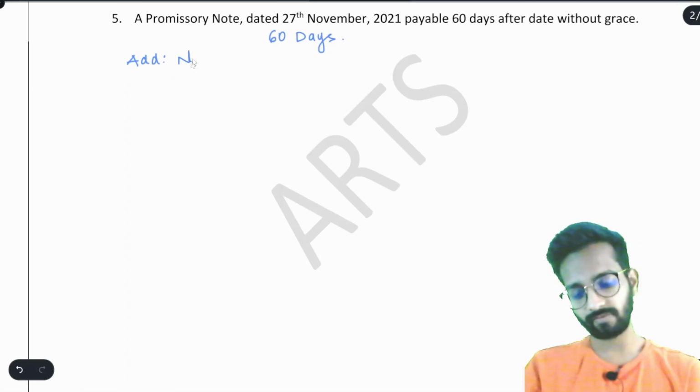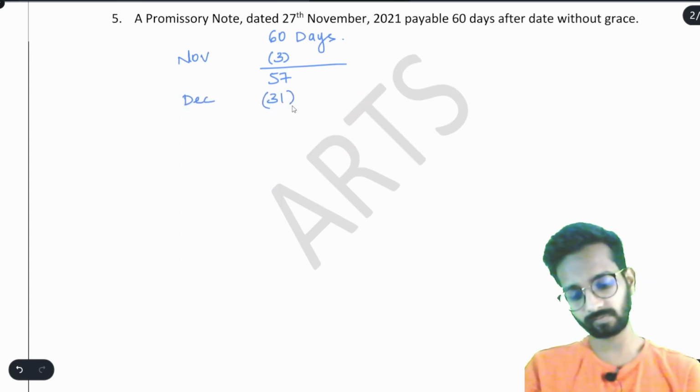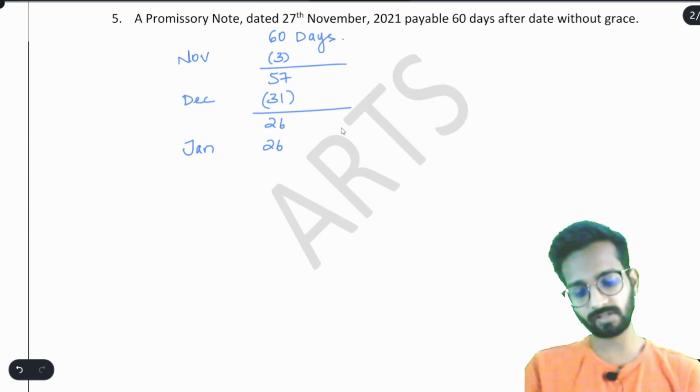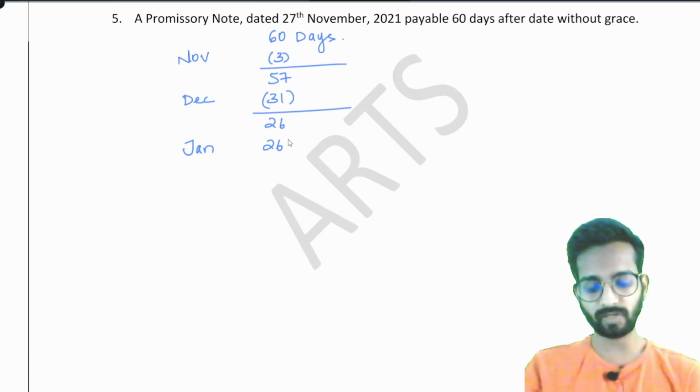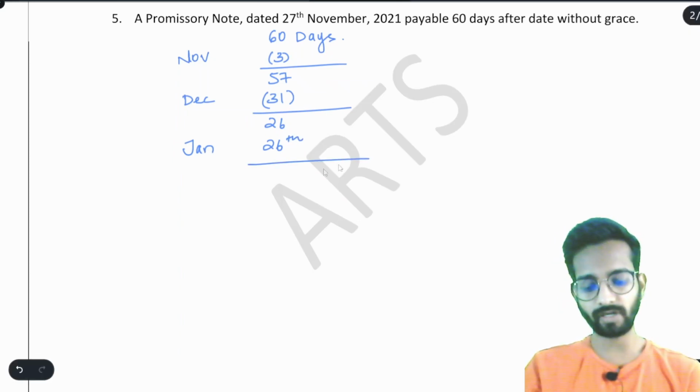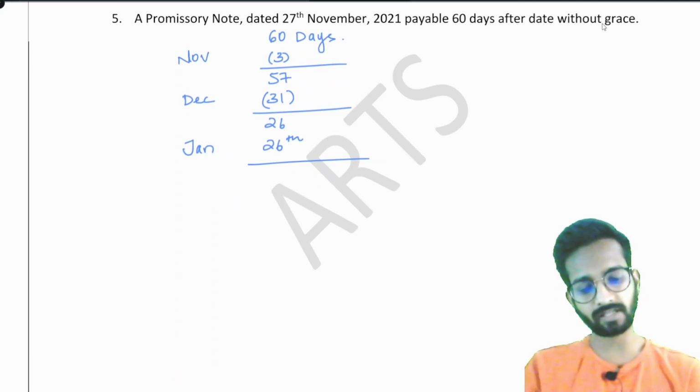So from November 3 days gone, 57 remaining. December 31, so 26. It means we can say January, 26 days we can use from January. So January 26th is my due date. I will not add 3 days of grace. Why? Because it is mentioned without grace.